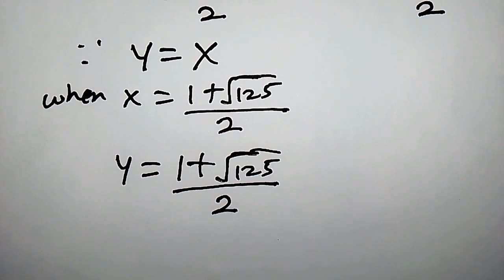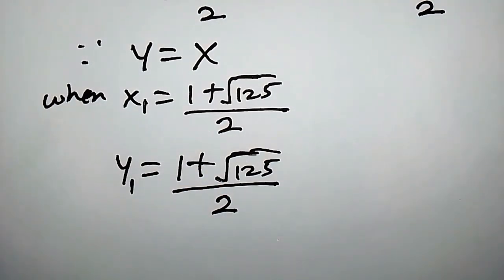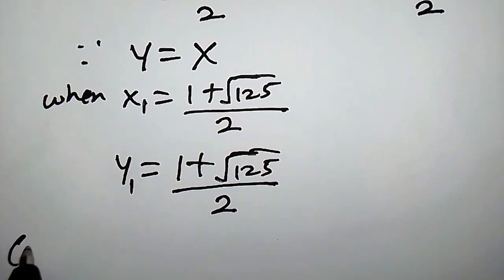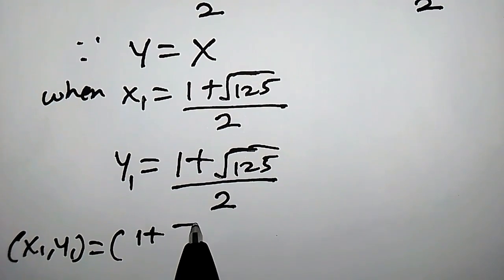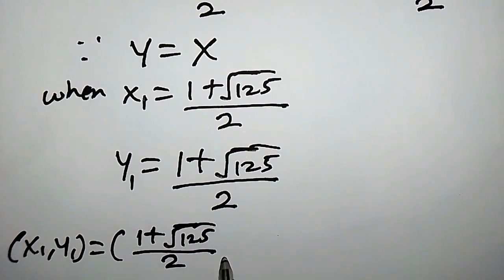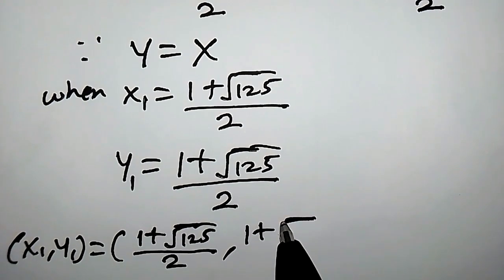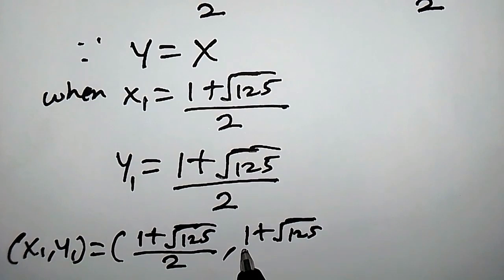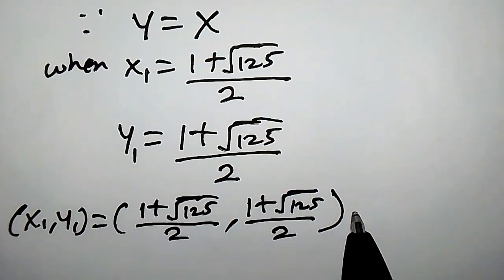This means that the first solution, let's call this x1 and y1. The first solution x1 comma y1 is equal to, x1 is 1 plus square root of 125 divided by 2, comma, y1 is 1 plus square root of 125 divided by 2. This happens to be the first solution.